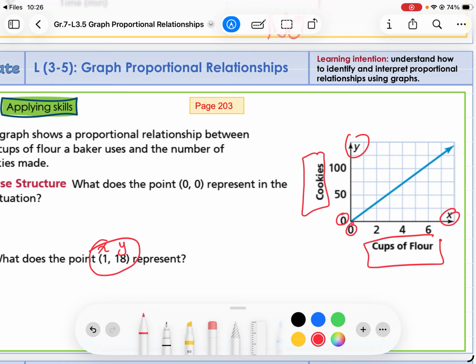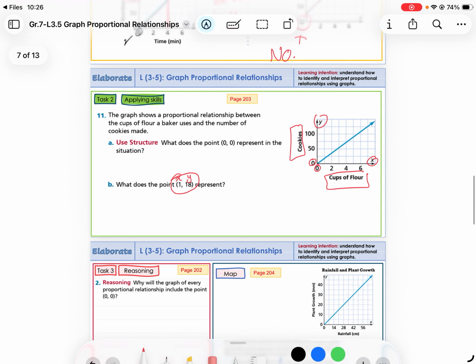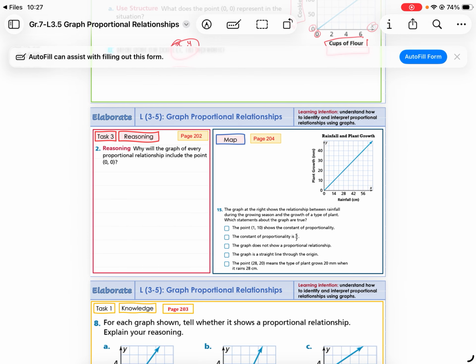Okay? It's the unit rate. It's the ratio. Because every 1 cup, you get 18 cookies. So 18, basically, it's our constant of proportionality. Okay. So you should know how to use that using words. I think it's written in your book, written in the answer key. So study how it's written.